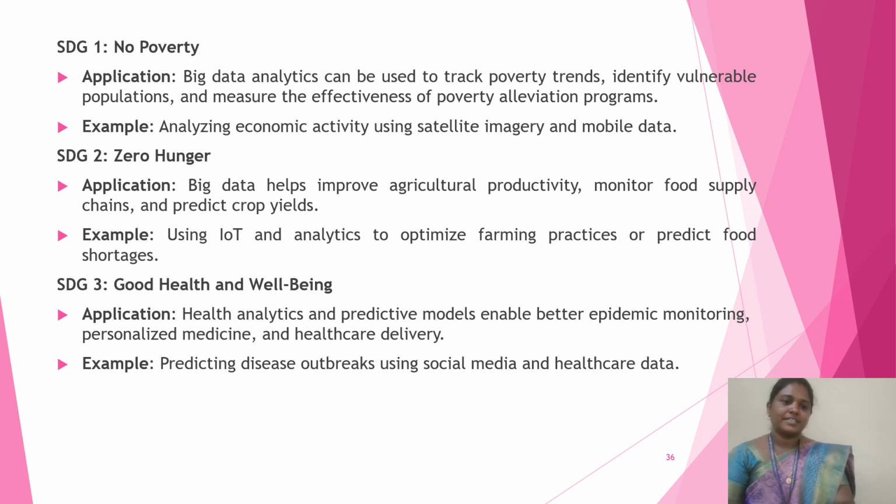So big data analytics also helps achieve SDG 2. Then SDG 3, good health and well-being, is also achieved by analyzing big data. It is easy to predict disease outbreaks using social media and healthcare data sets.